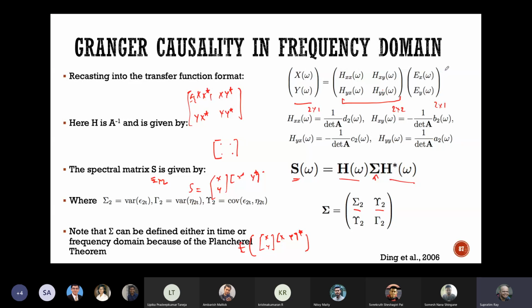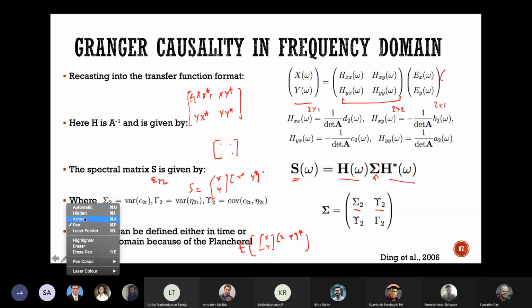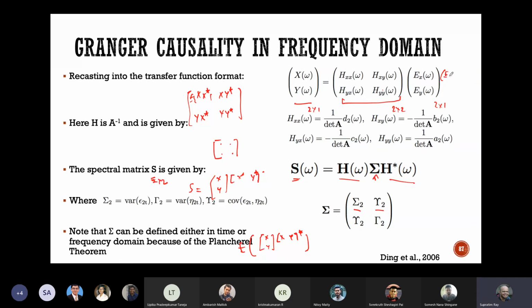So it's going to have the EX conjugate omega, EY omega, and then H conjugate here.